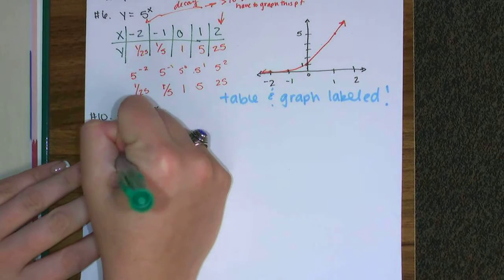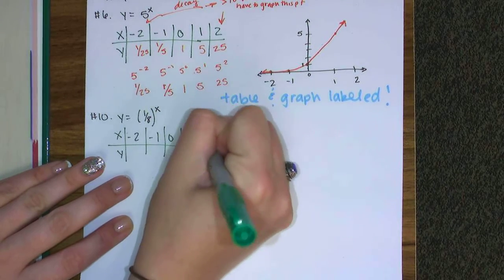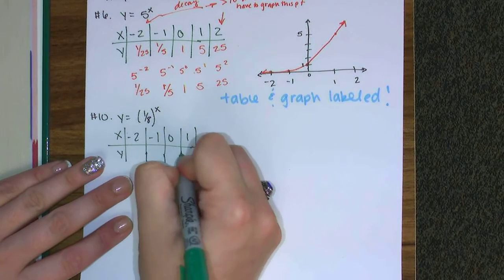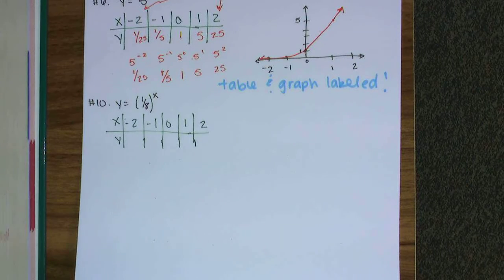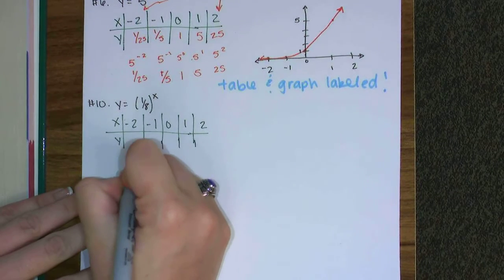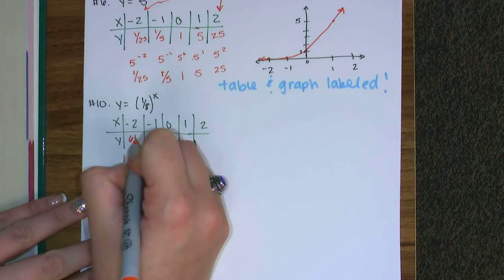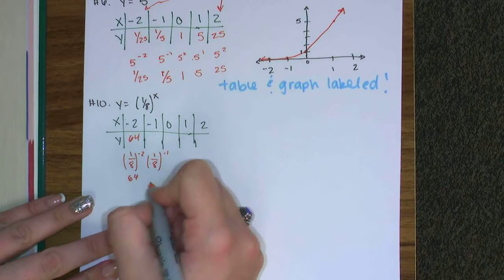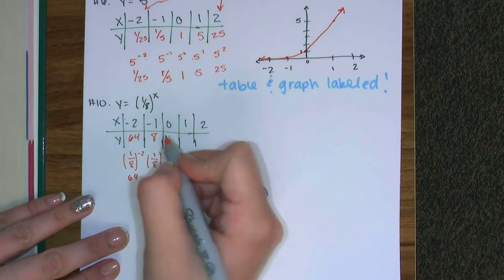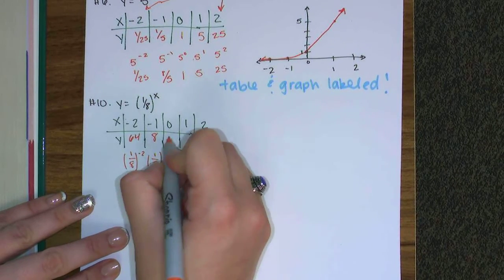XY table. -2, -1, 0, 1, 2. 1/8 raised to the -2 is 64, meaning I'm not going to end up graphing that point. 1/8 raised to the -1 is 8. 1/8 raised to the 0 is 1.